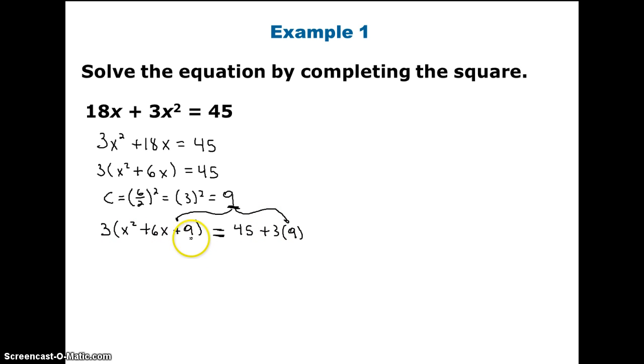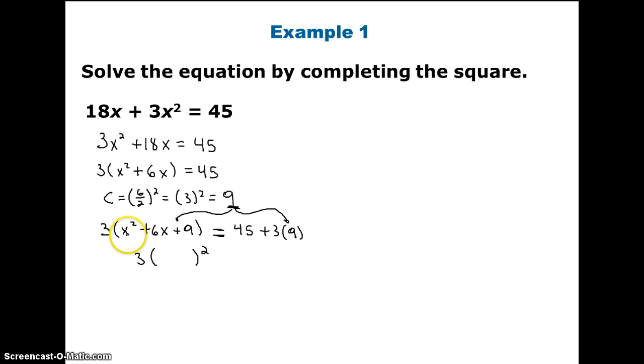This trinomial here is a perfect square trinomial. We made it that way when we completed the square. So what you want to do is write it as a binomial squared. You bring down the 3, and you have a binomial squared.